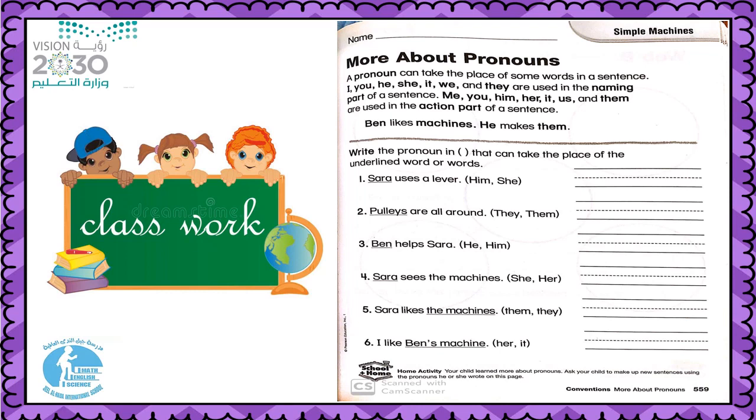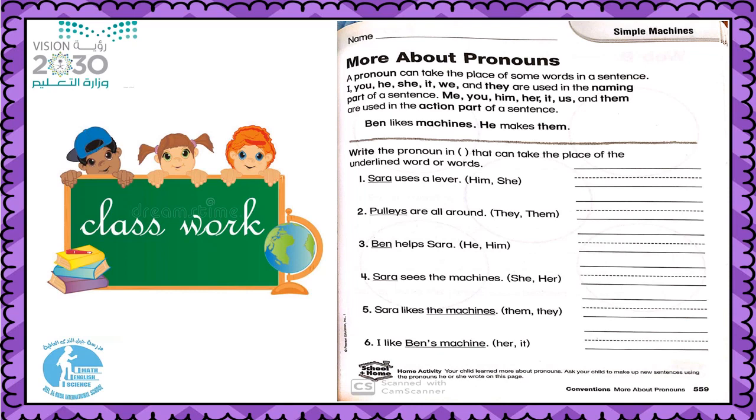So do we say she uses a lever or him uses a lever? Of course she, without even thinking, because Sarah is a girl and she is always for the girl in the beginning of the sentence. Him is not even for girls. Him is for boys.